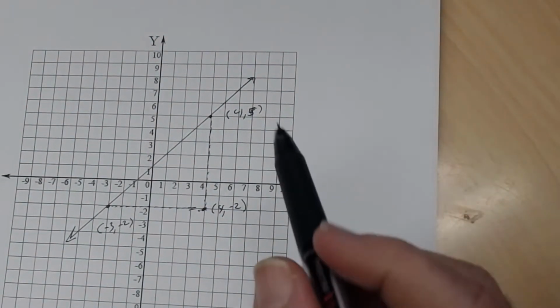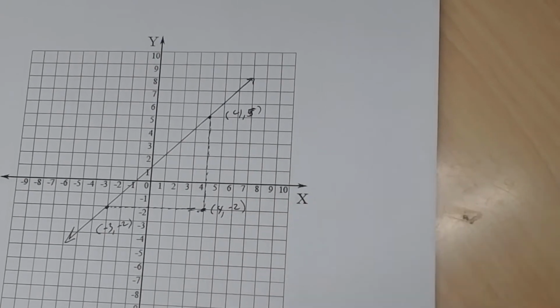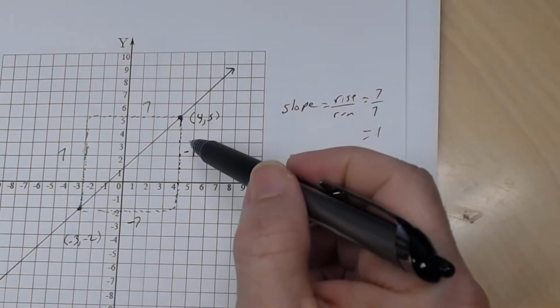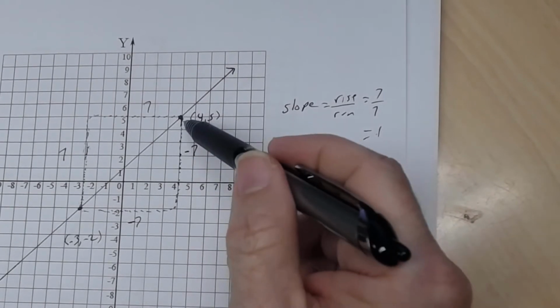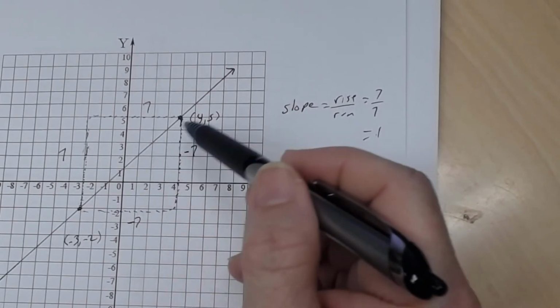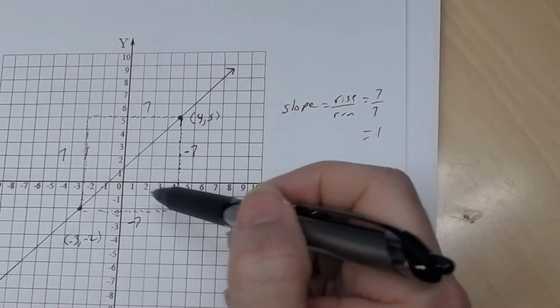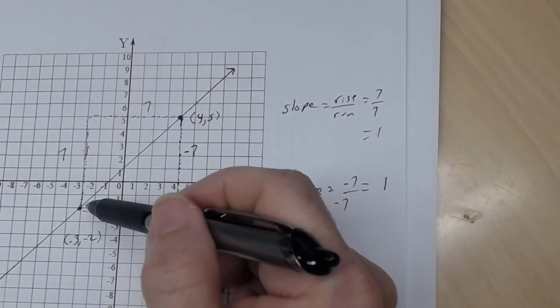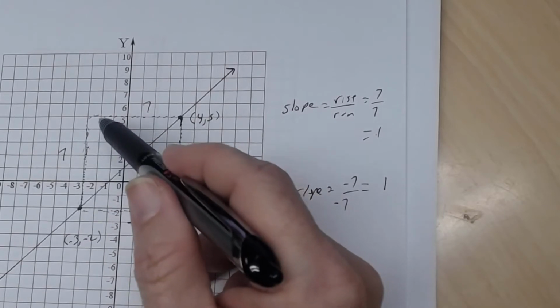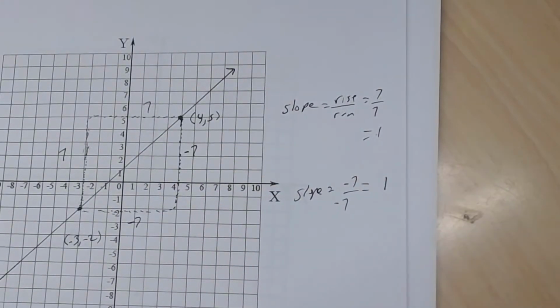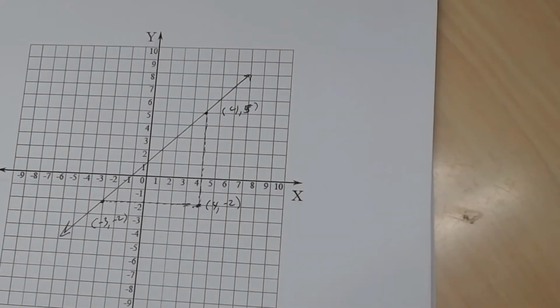Okay, now remember when we looked at this earlier, the rise, depending on which of these points I used, was either a -7 or a +7, depending on whether I went from this point to that point or from this point to that point. Okay?